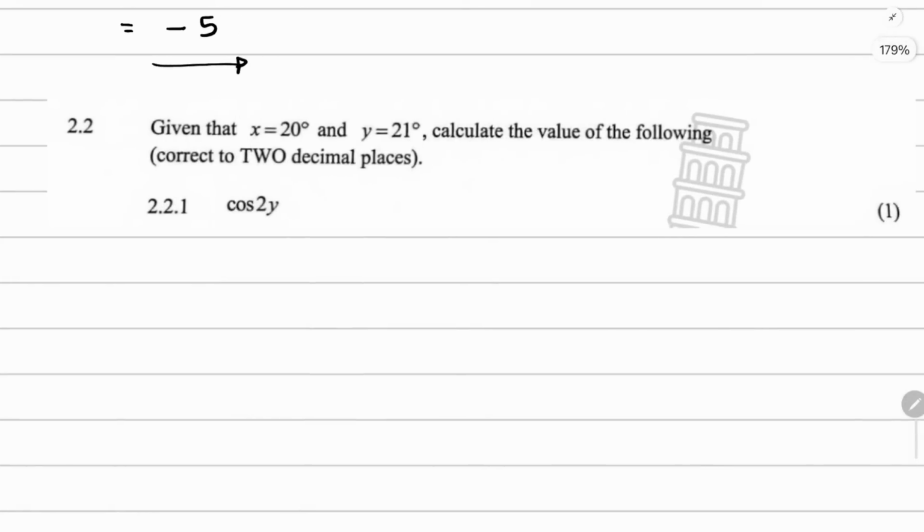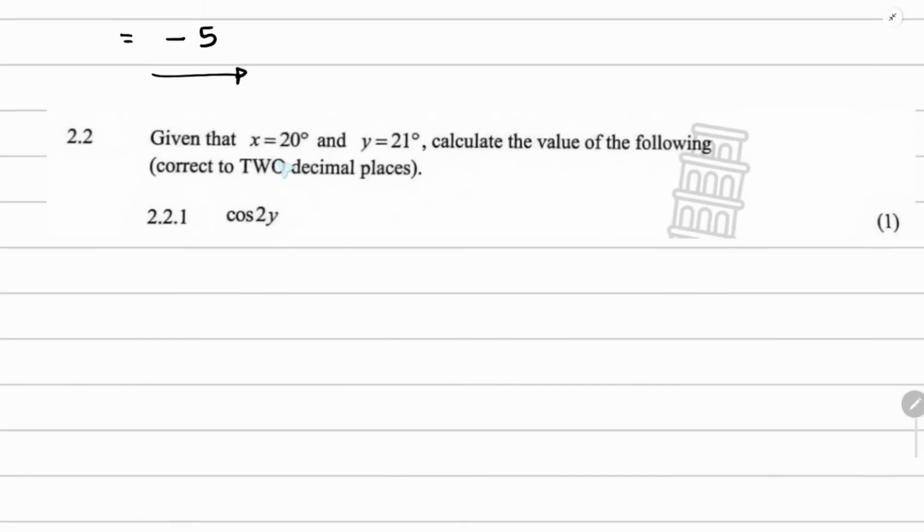The next question, 2.2, says, given that x is equal to 20 degrees and y is equal to 21 degrees, calculate the value of the following correct to 2 decimal places. So there's no overthinking here. We're going to use the calculator.